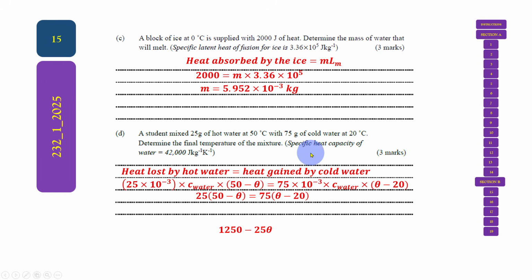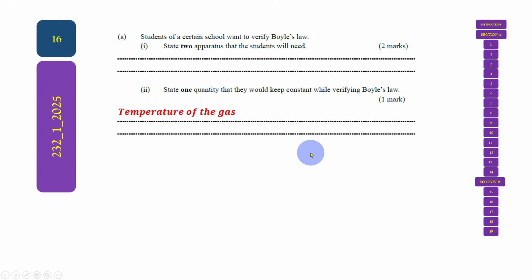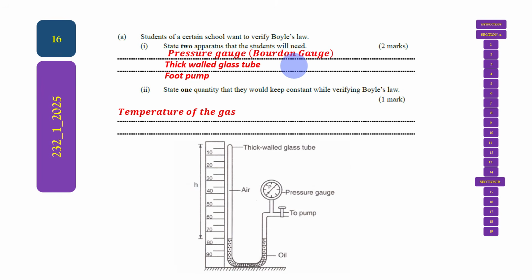So let's go over to question 16. A student of a certain school wants to verify Boyle's law. State two apparatus that the student will need. Of course, for you to be able to verify Boyle's law, you will need this thick walled glass tubing.